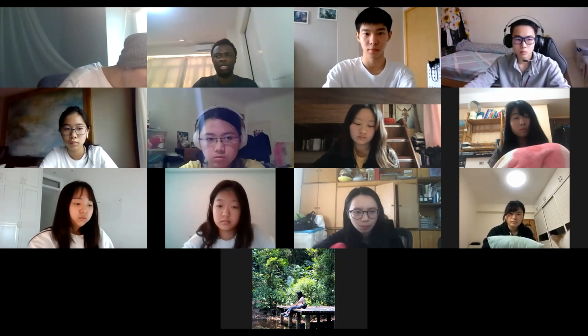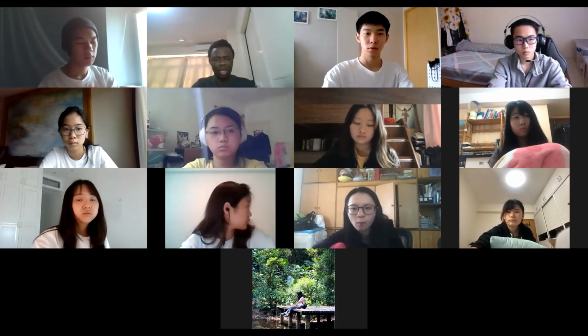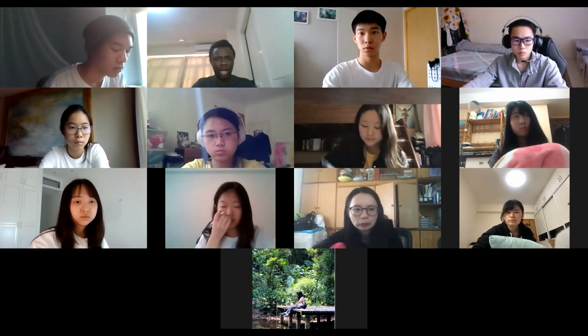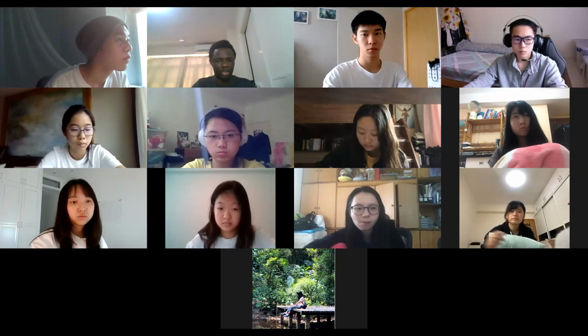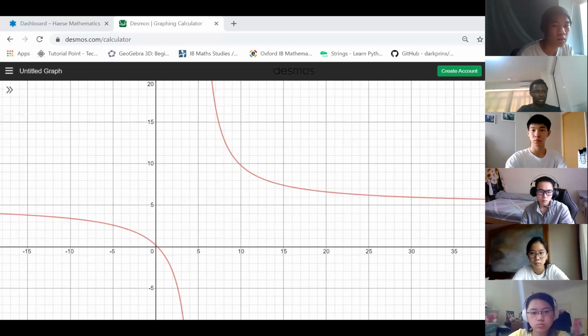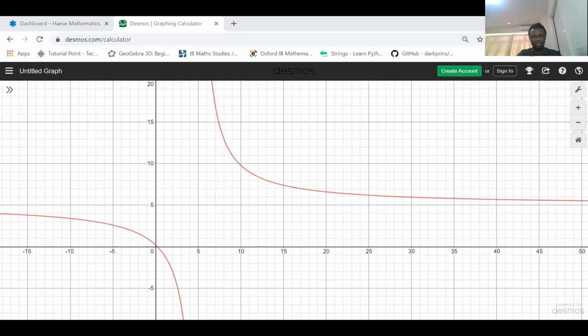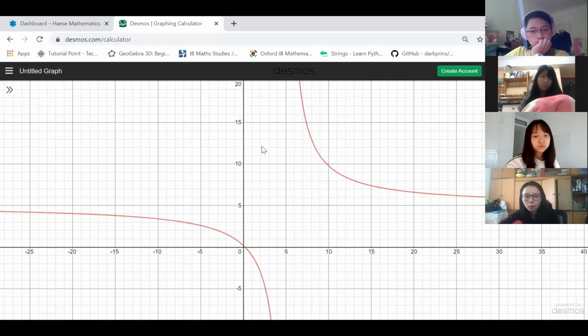So everybody remember what the self-inverse function is. Now, how can we look at this graph and deduce that the function that I've just plotted is a self-inverse function? What do you guys think about this question? Can someone try?